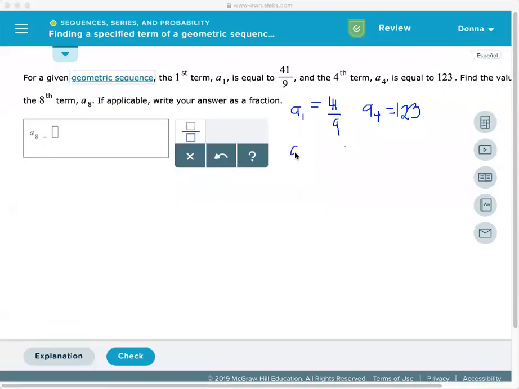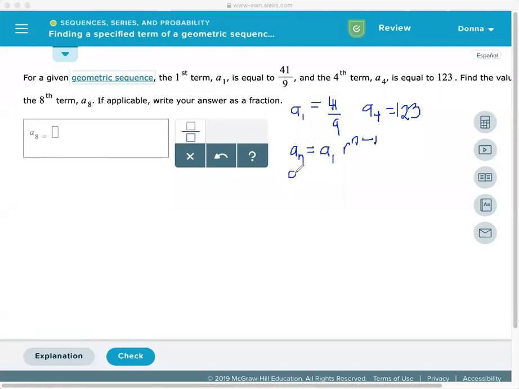We also know that the general form for a geometric sequence is a sub n equal to a1 times r to the n minus 1. In our example, we have 123, which is the fourth term. We also have the first term. So I'm going to rewrite a4 using this general formula.